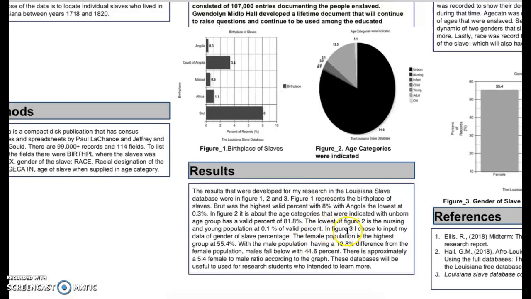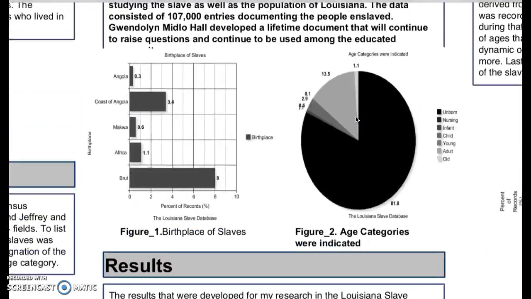And for my Figure 2, it is about the age categories that were indicated, with the unborn age group having a valid percent of 81.8%. The lowest of Figure 2 is the nursing and young population at 0.1% of valid percent. So I'm going to zoom back in for this.